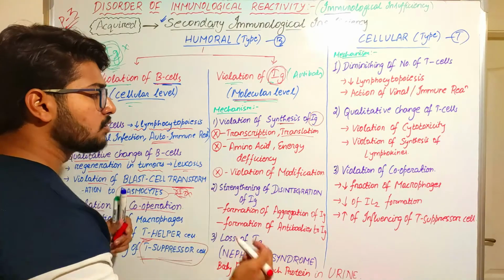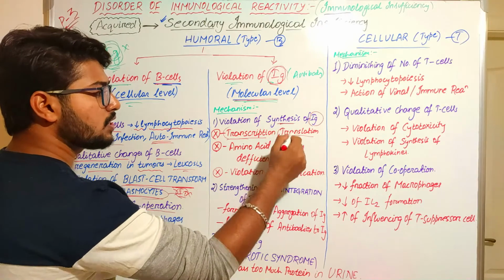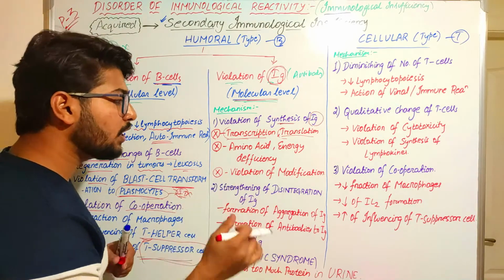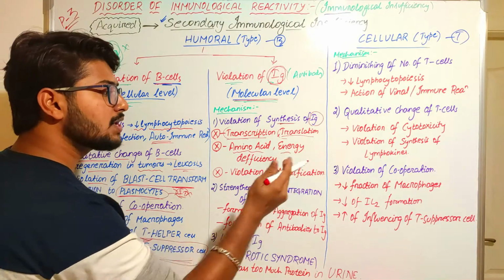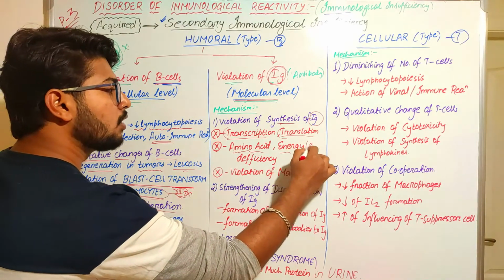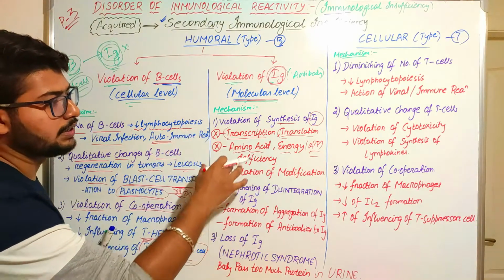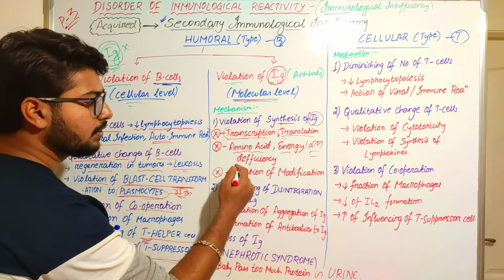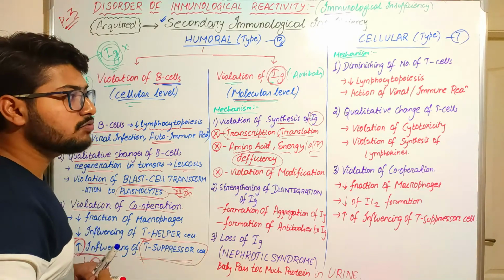And what are the substrates required? It requires amino acids for the formation of proteins. It requires enough energy, the required amount of ATP, for completing the process of transcription and translation. If this deficiency occurs, then there will be a violation of synthesis.